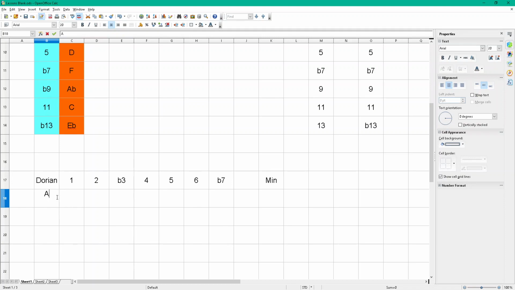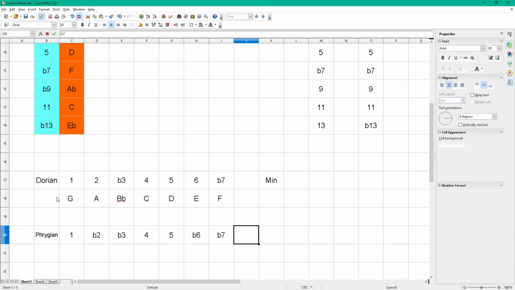Another form of minor scale, actually let's write it down in the key of G also, so that you can see the difference. So in the key of G, this would be G, A, B flat, C, D, E, and F, right? Now, if I do the same in Phrygian, I have 1, as we discussed, flat 2, flat 3, 4, 5, flat 6, flat 7. And again, this applies to minor chords.